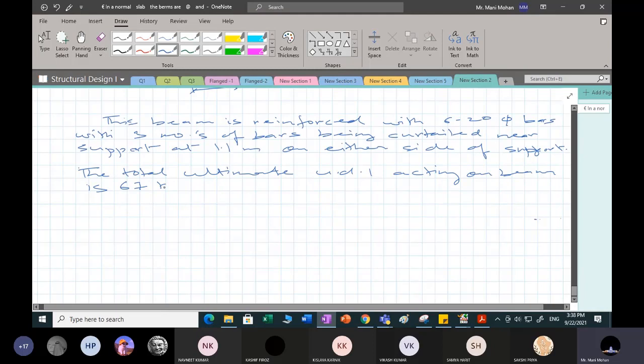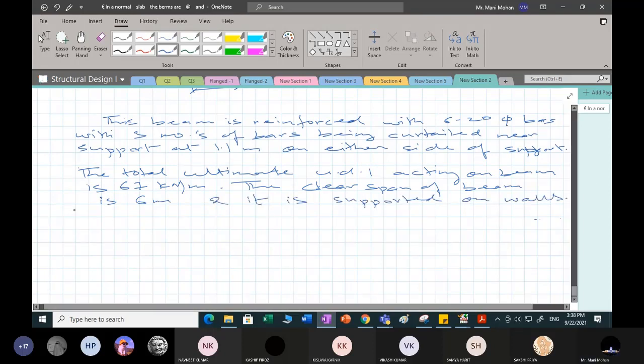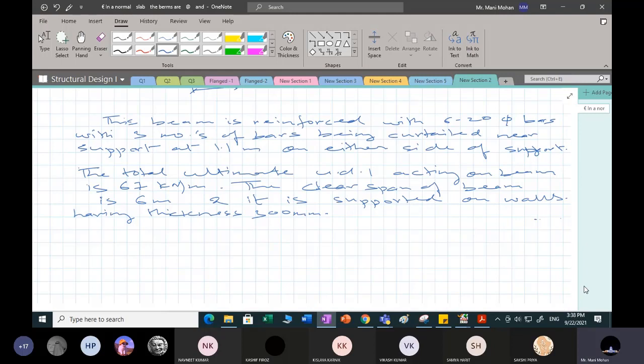The clear span of beam is 6 meter and it is supported on walls having thickness 300 mm. So this is how the problem is getting formulated for the shear design.